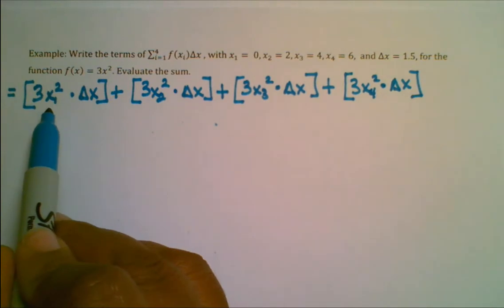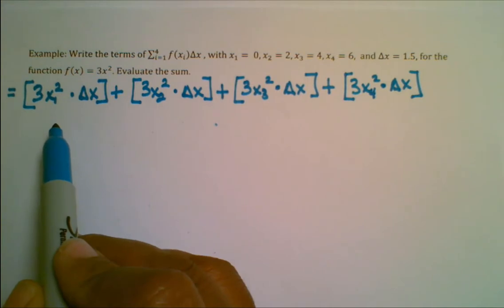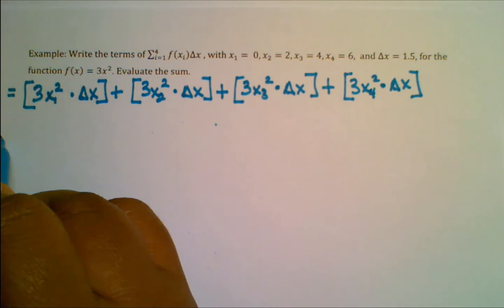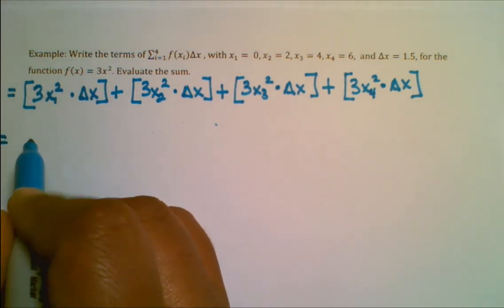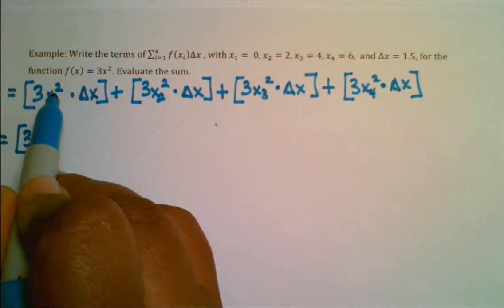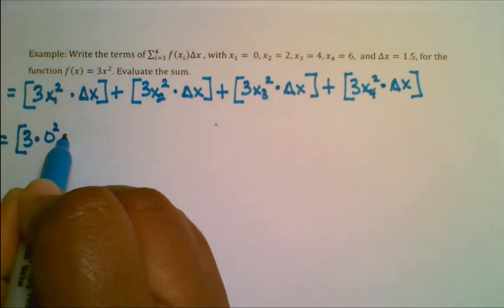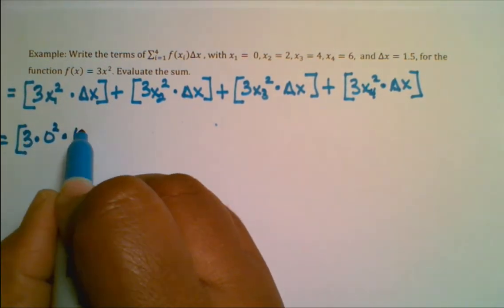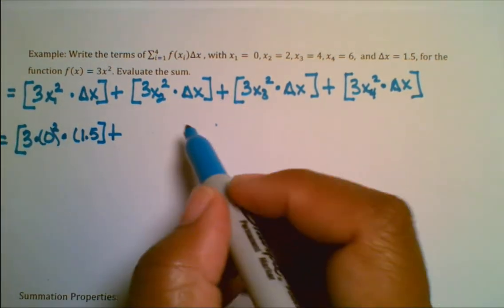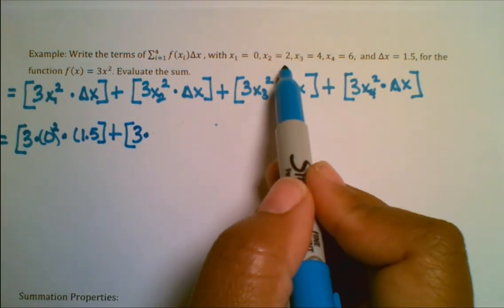So wherever we see the subscript of 1, 2, 3, 4, we're going to put the appropriate value in there. And where we see delta x, we know we're going to plug in 1.5. So our first term, we're saying 3 times x of 1 squared. We said x of 1 was 0. So we have 0 squared times 1.5. The second term, 3 times, what is x of 2? Which is 2.